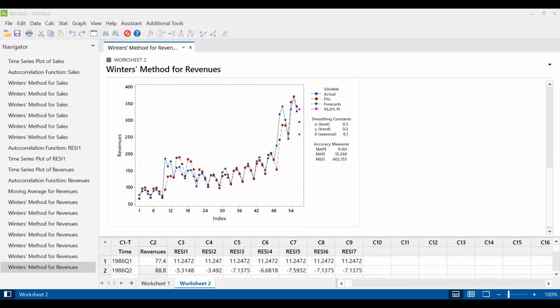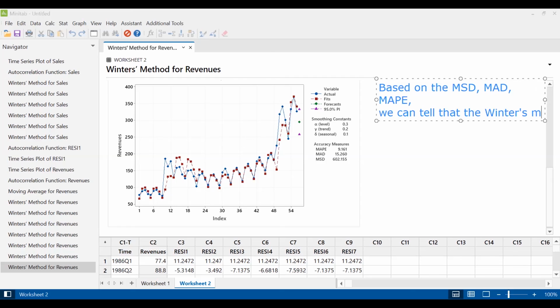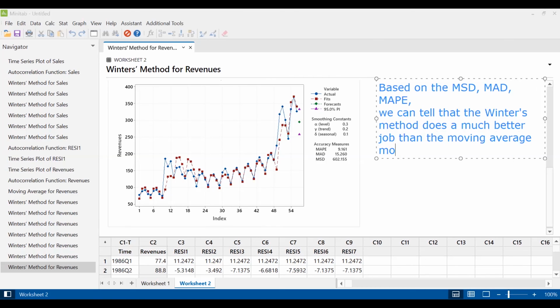So we're gonna say, based on the MSD, MAD, and MAPE, we can tell that the Winters method does a much better job than the moving average method.